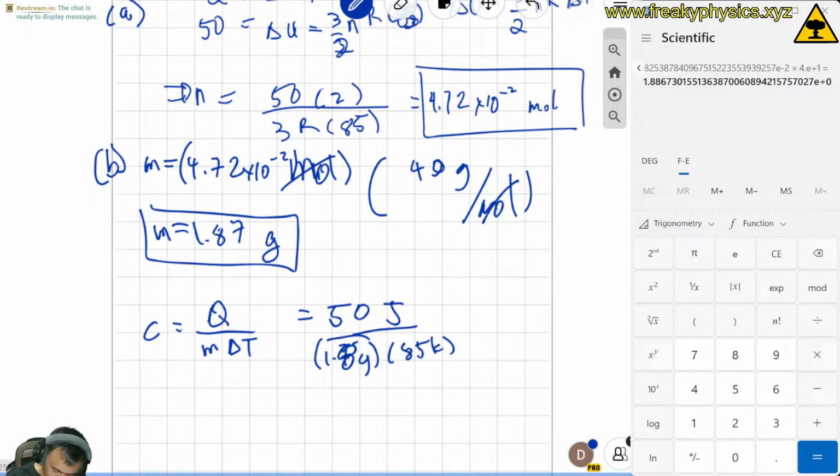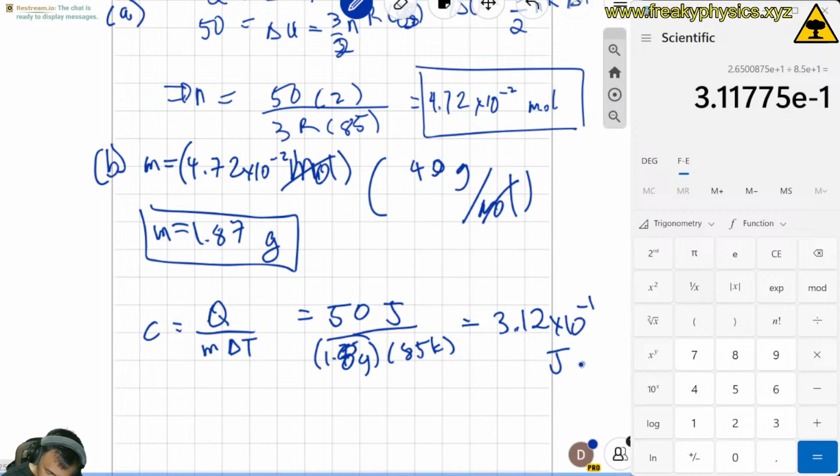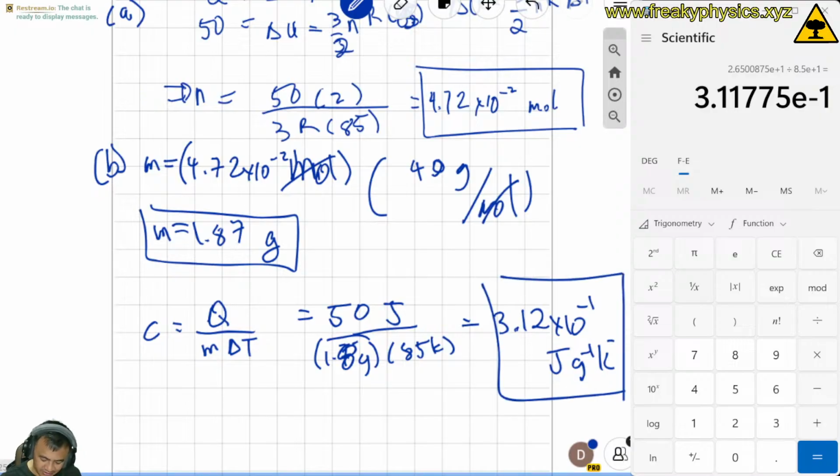Specific heat capacity doesn't have a specific unit. You just use the units given to you. So let's just do that now. Times 50, then divide further by 85. That's going to give us 3.12 times 10 to the minus 1 joules per gram per Kelvin. Specific heat capacity is like that.